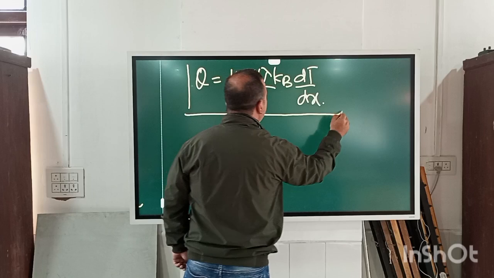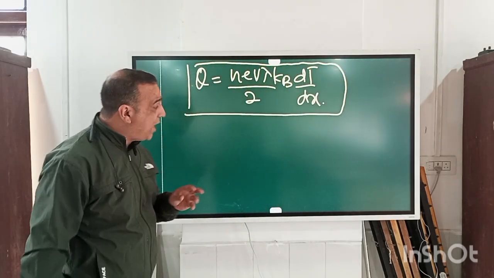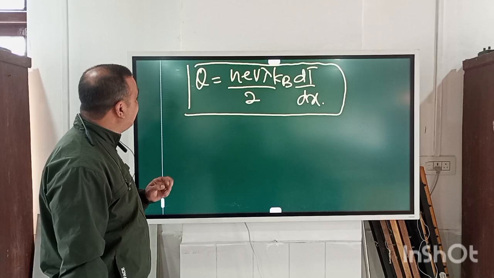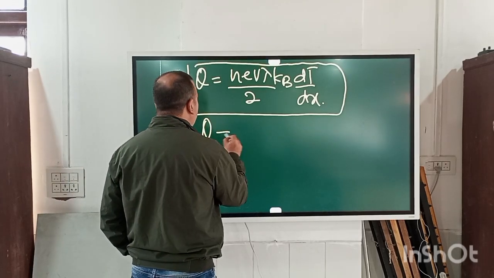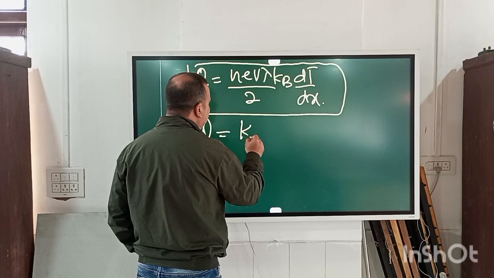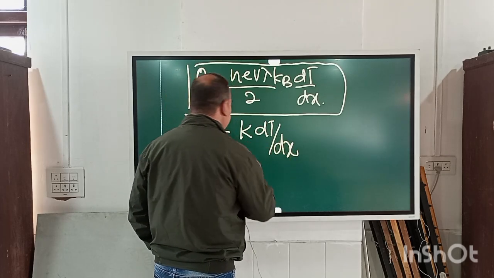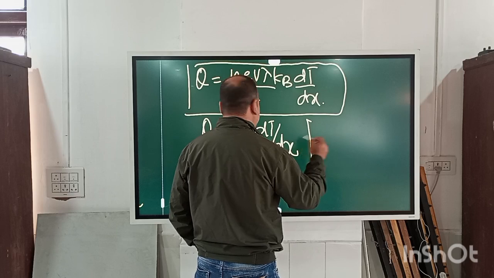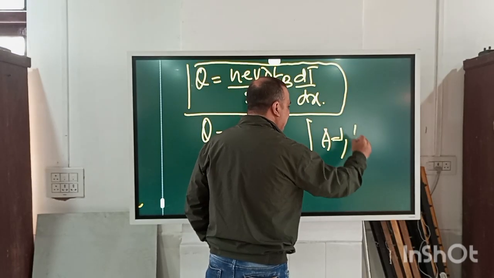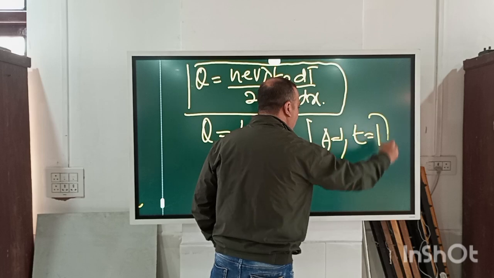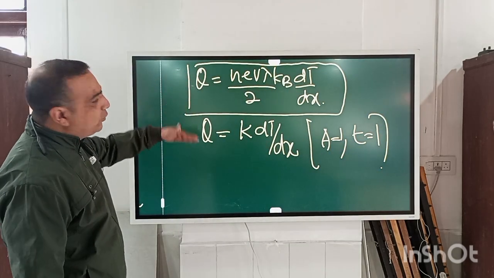So this is the Q that we obtain by subjecting the same problem to the kinetic theory of gases, and we already have Q equal to k dT by dx, with the assumption that the area of cross section is taken as 1 and the time of flow of the heat is taken as 1. So we can equate the two equations.